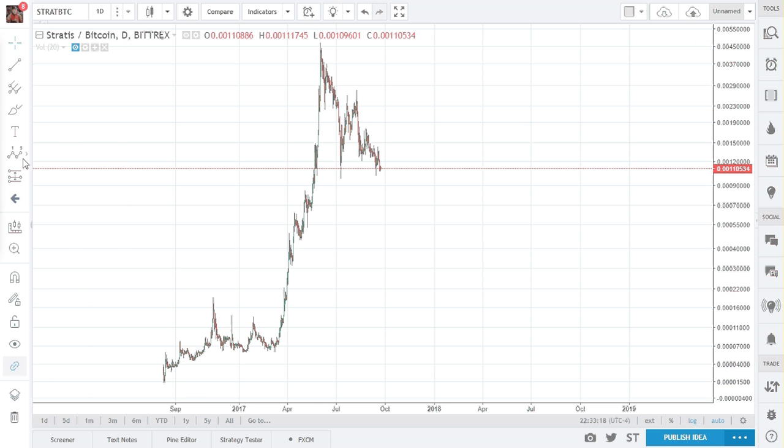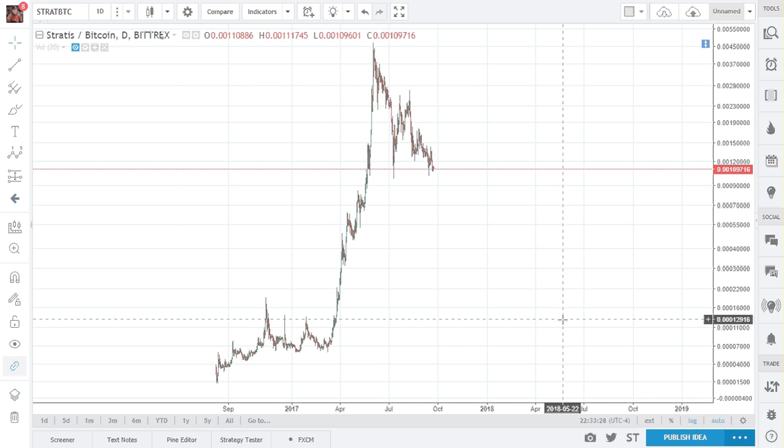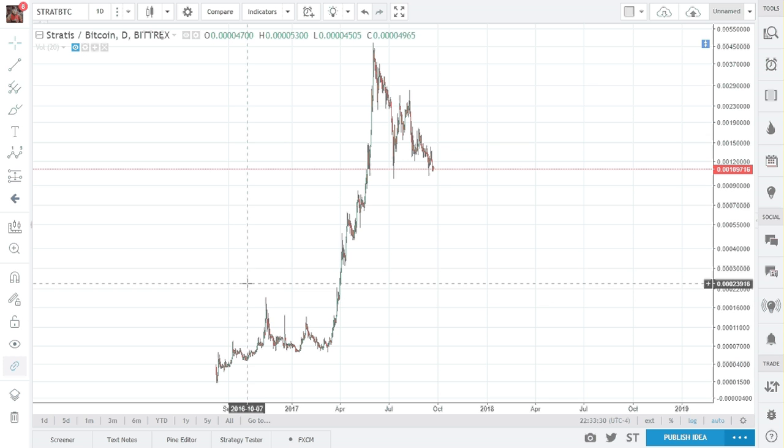So here is the log and non-logarithmic. Not too much of a difference from a count perspective.